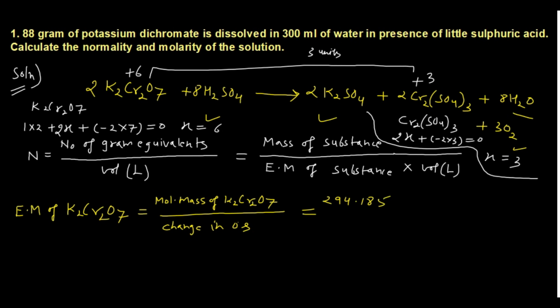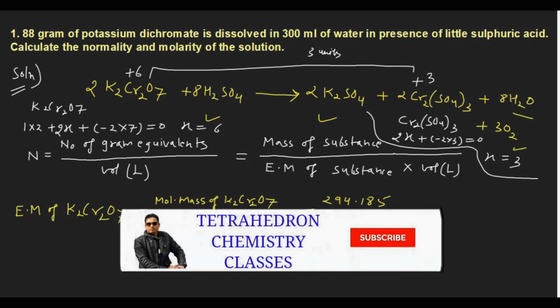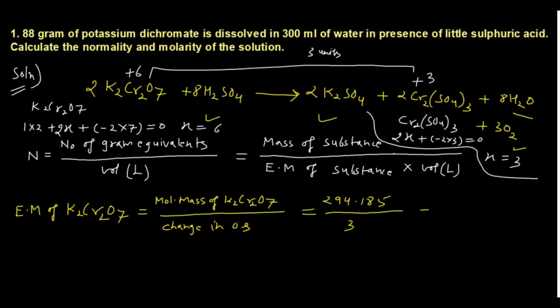This is the molecular mass of potassium dichromate, and change in the oxidation state is 3, as you have seen here. Okay, and when you solve this particular factor, it will come 98.061, right? So this is your equivalent mass of potassium dichromate. Now I am going to solve this particular problem. So I hope this is quite clear to you.